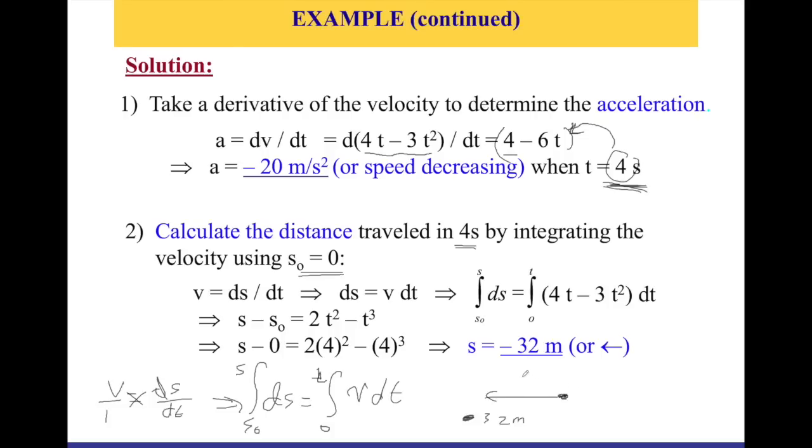So this is the distance traveled in 4 seconds. After 4 seconds, where are we? So we probably started moving this way, and then we moved to the other side, and we are here at minus 32 meters, or we are 32 meters away from the reference point to the left. That's how we want to make sure that you understand that.